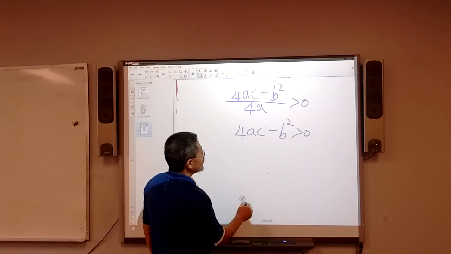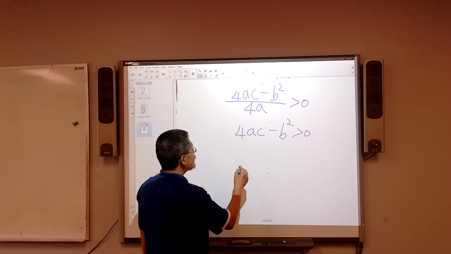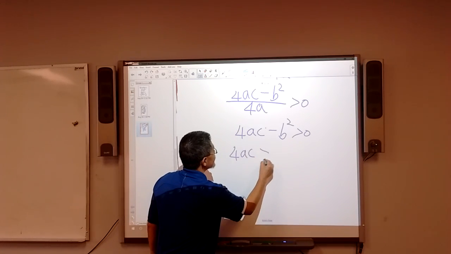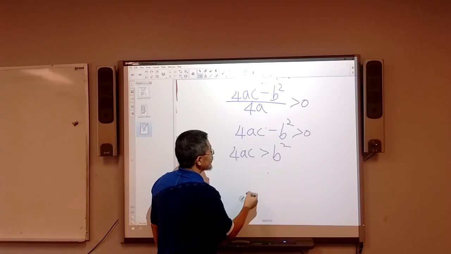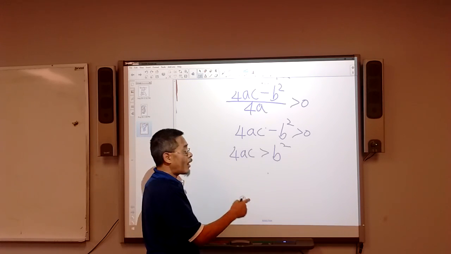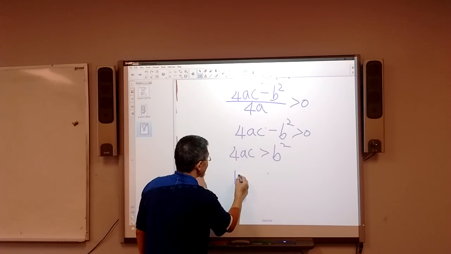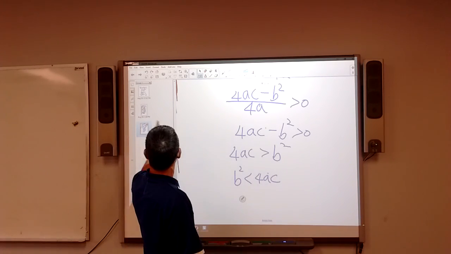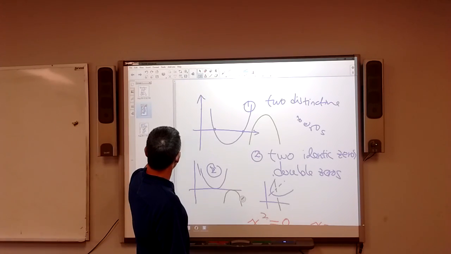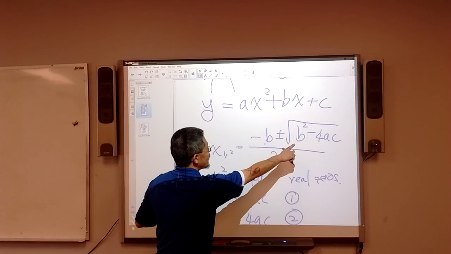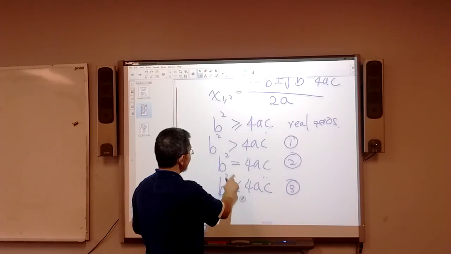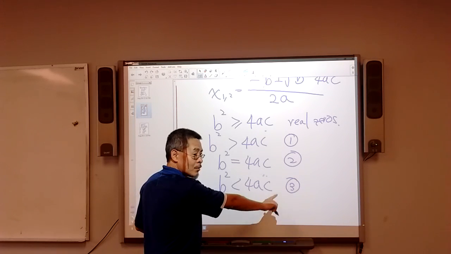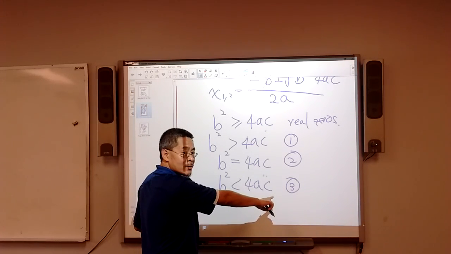Therefore 4ac has to be greater than b squared, and this is the same thing as b squared is less than 4ac. That's back to what we had before; we had that here already, but now we're basing it on this. So if b squared is less than 4ac, we don't have real zeros, situation 3.